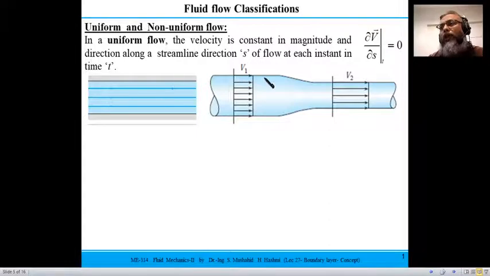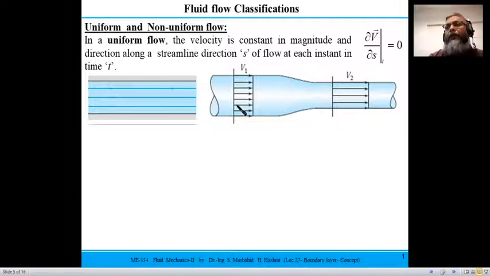So they are not changing at a given snapshot. But it could be at a different position, there could be a different magnitude. Let's say V2 is bigger than V1, but at that cross section velocity is not changing, then that would be called uniform flow at a given instant.